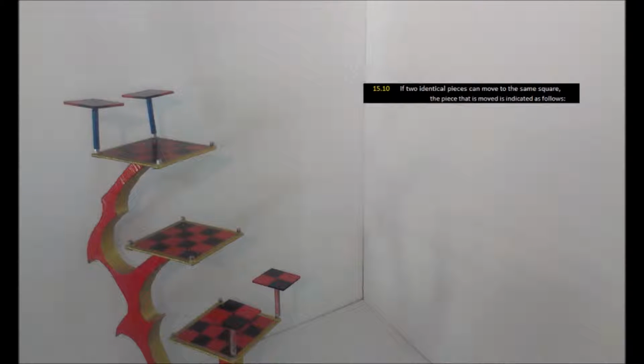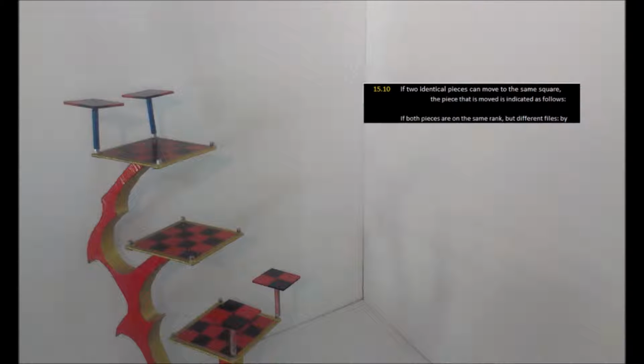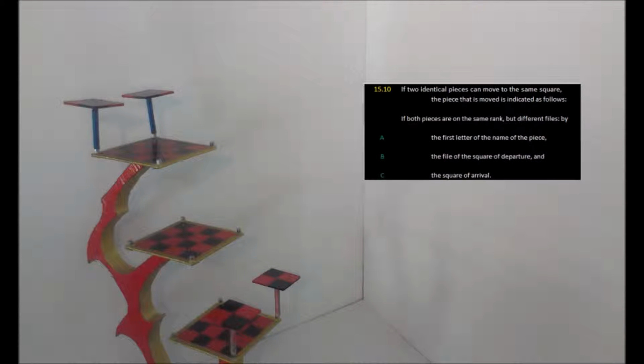15.10. If two identical pieces can move to the same square, the piece that is moved is indicated as follows. If both pieces are on the same rank, but different files, by A, the first letter of the name of the piece, B, the file of the square of departure, and C, the square of arrival.